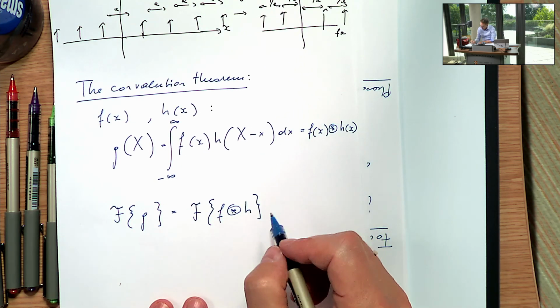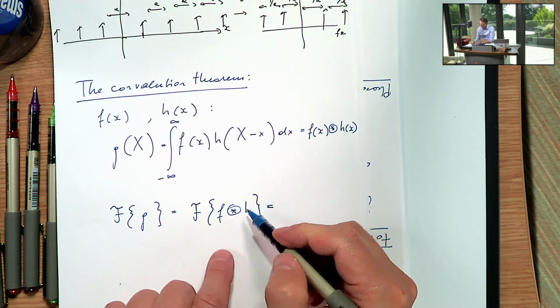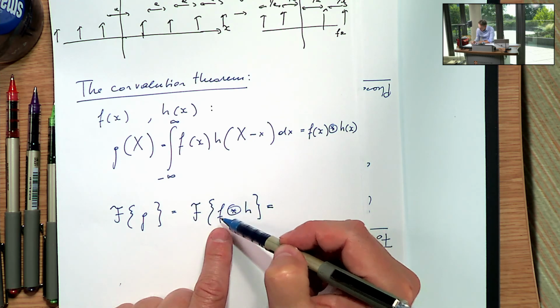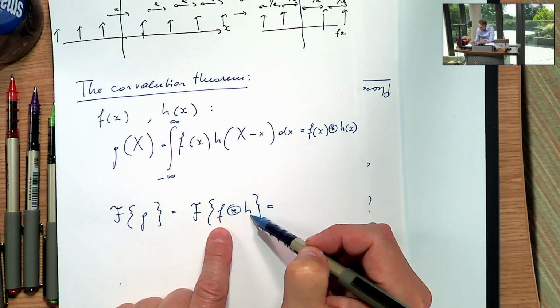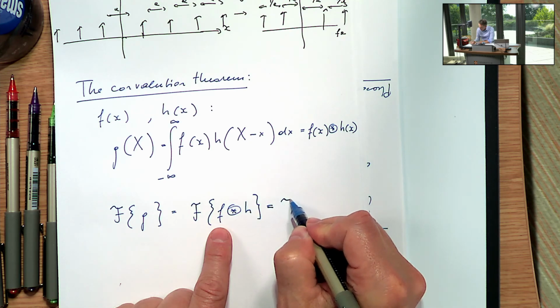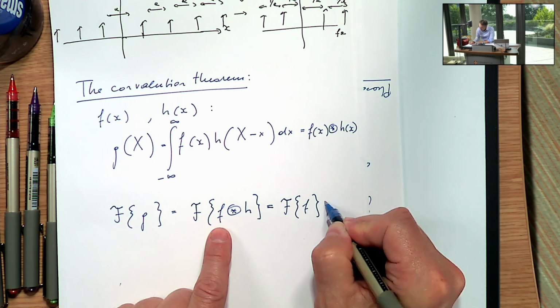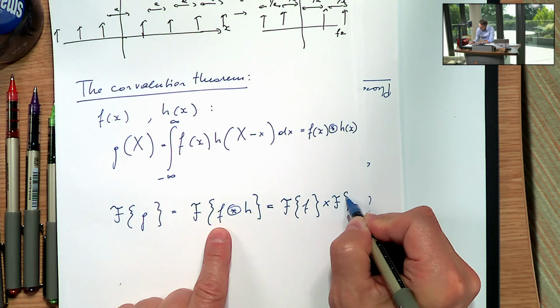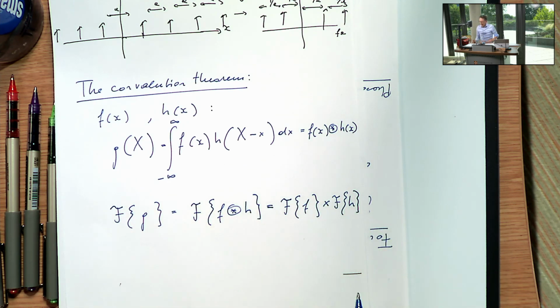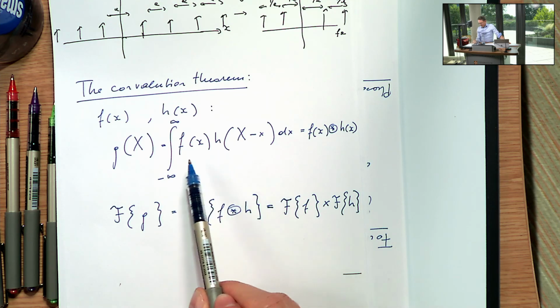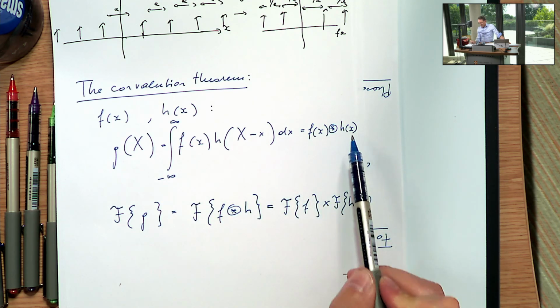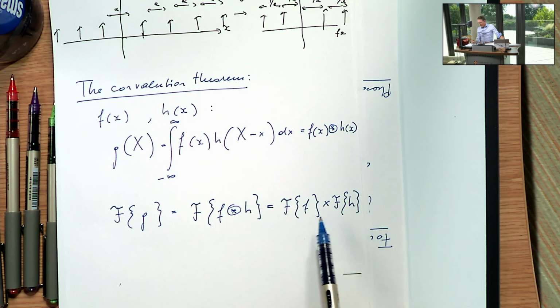And the convolution theorem states that the Fourier transform of the convolution of two functions is equal to the Fourier transform of f times the Fourier transform of h. So in other words, if you want to work out the Fourier transform of f convolved with h, that's the same thing as taking the individual Fourier transforms of f and h and just multiplying them.